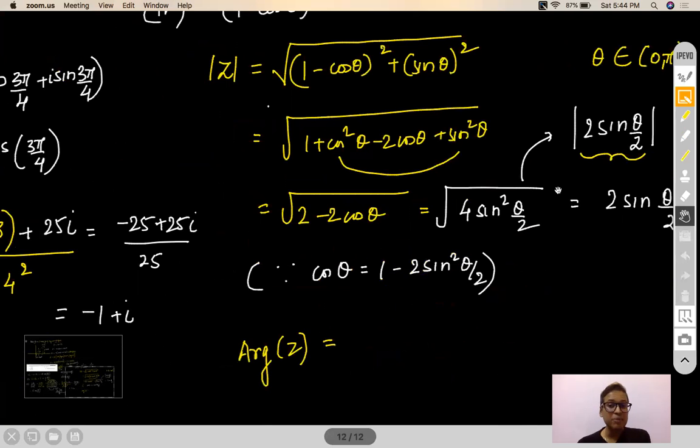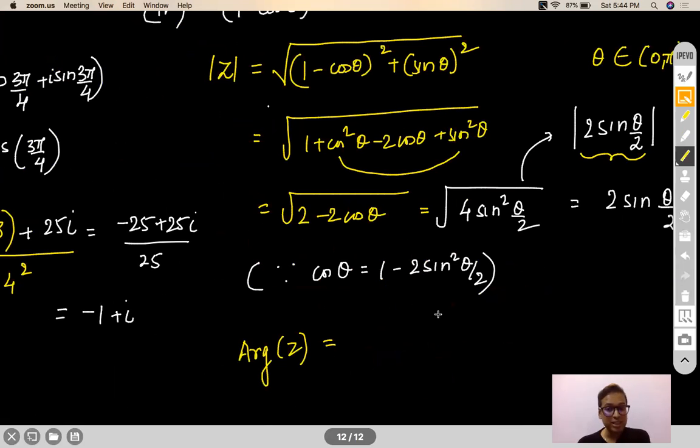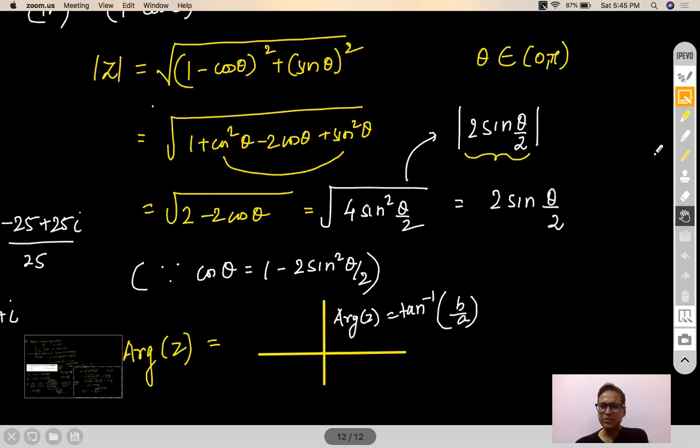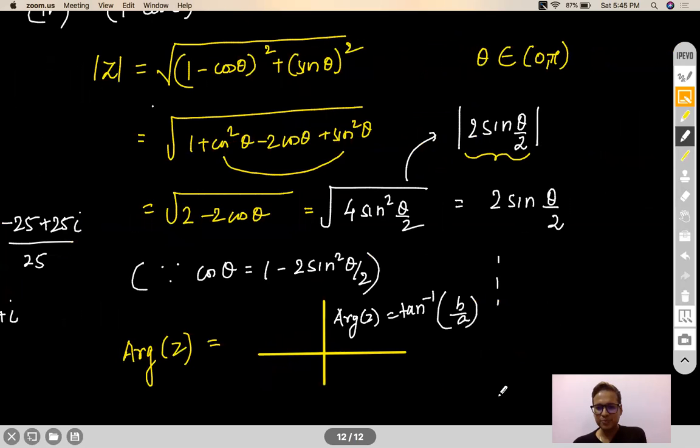You'll say, sir, both A and B are positive, so it should fall in the first quadrant. In the first quadrant, as per the formula that we have seen, argument is tan inverse of B by A or mod B by mod A. Doesn't make a difference because they're positive. So if you do tan inverse of B by A, B will be sine theta, A will be 1 minus cos theta.